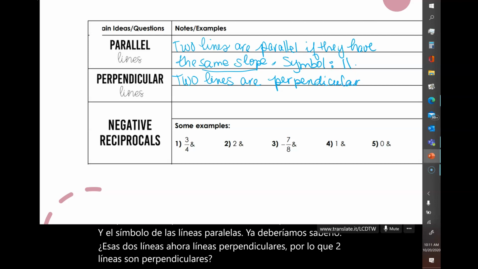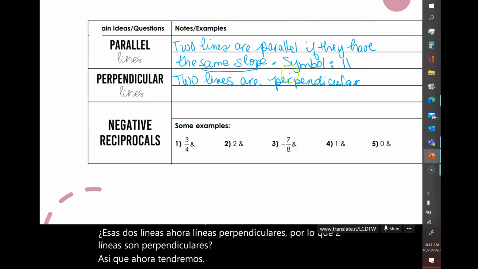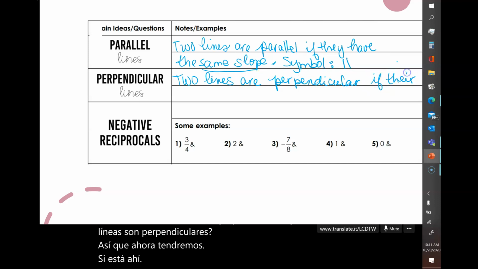Now perpendicular lines, so two lines are perpendicular if their slopes are opposite reciprocal.